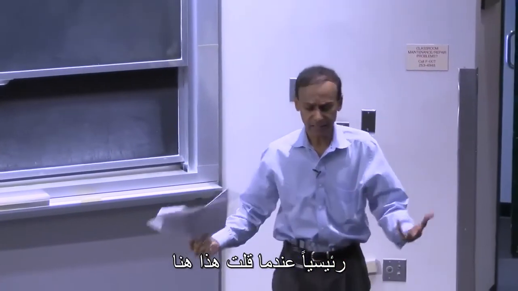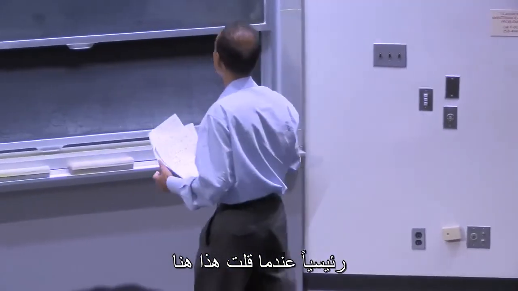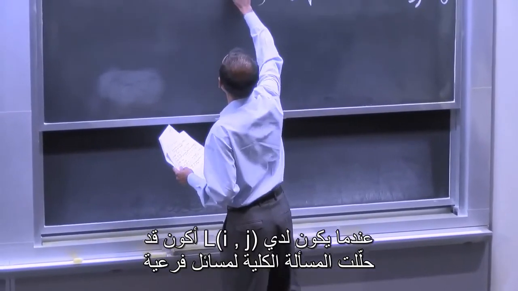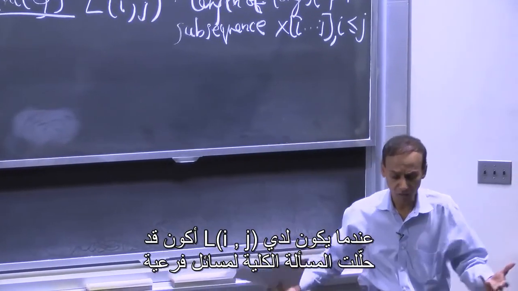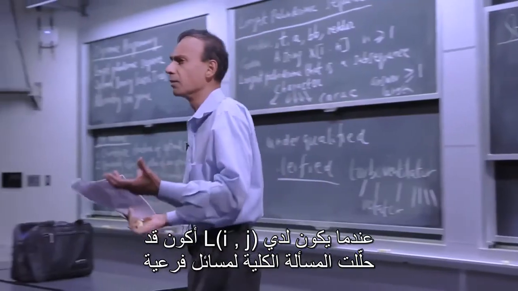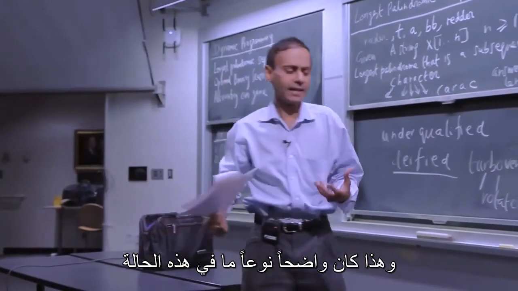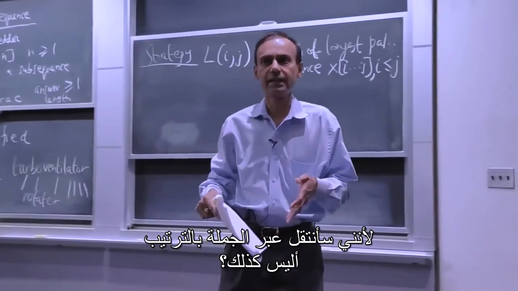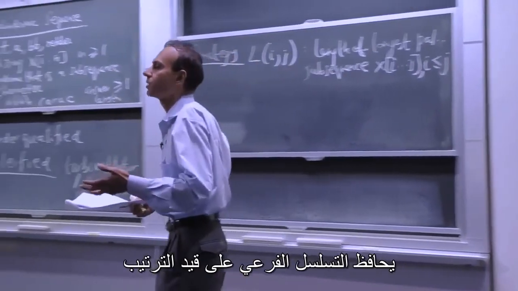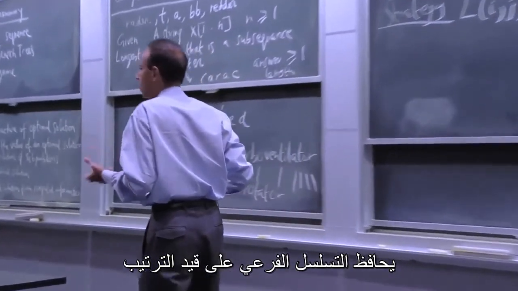And essentially, when I've set this here, when I have L(i,j), I have decomposed the overall problem into subproblems, and it's fairly obvious in this case because I'm going to have to go in order. That's the constraint. A subsequence does maintain the ordering constraint.